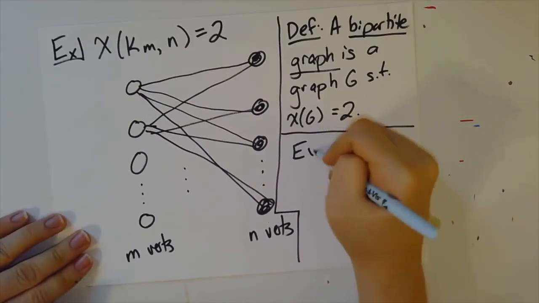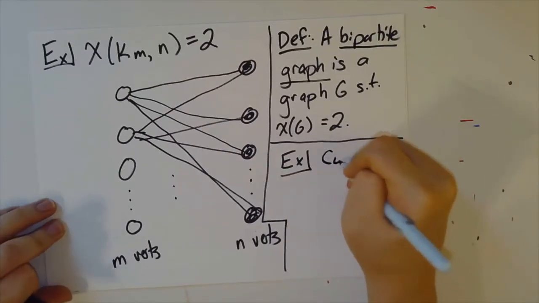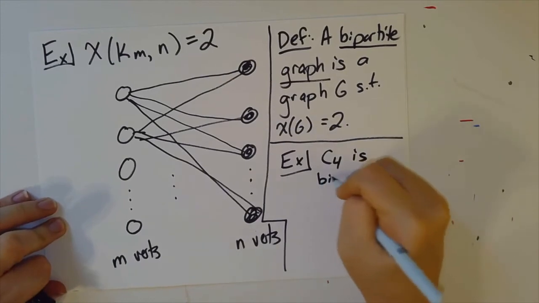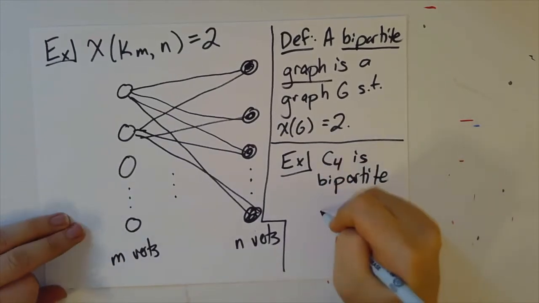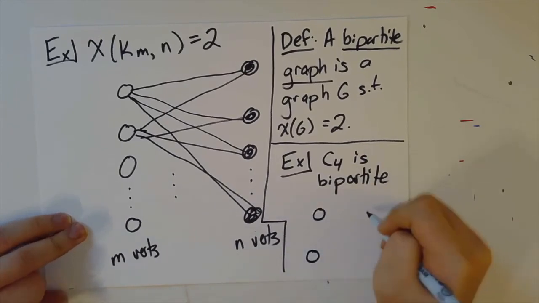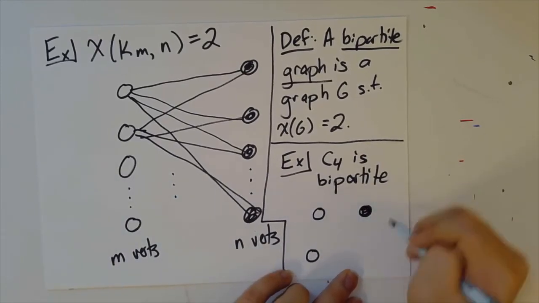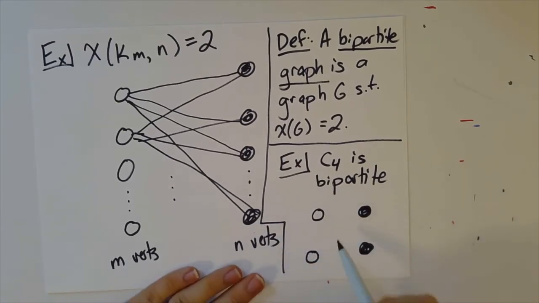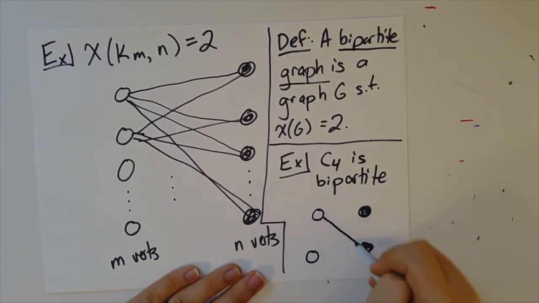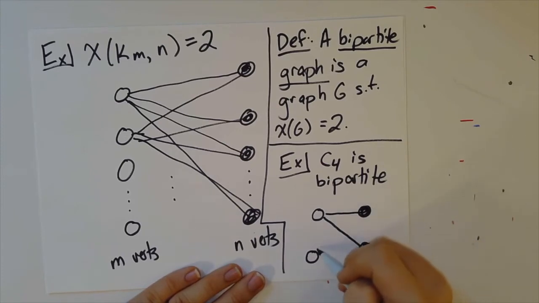So just as an example, C4 is bipartite. And if I want to draw it in such a way that it seems bipartite, then I would have to draw it not in my traditional fashion, where I connect it in a square, but I could connect it like this.